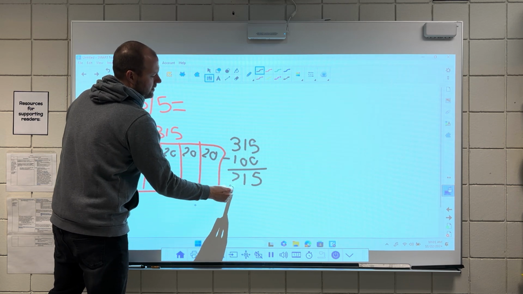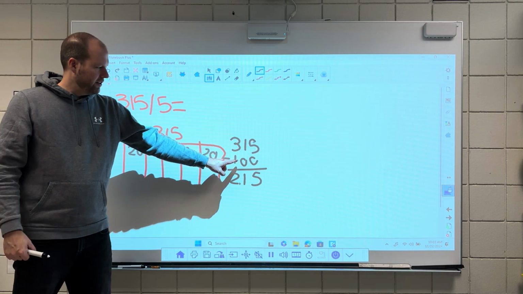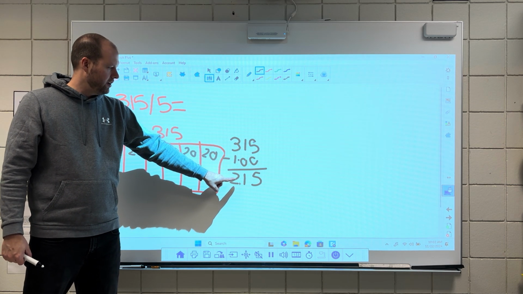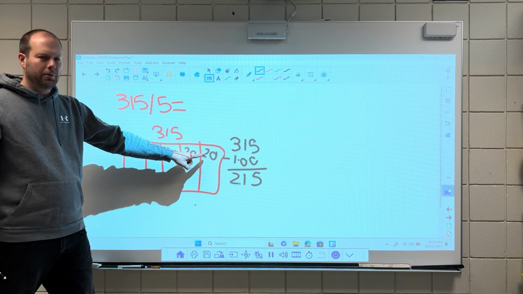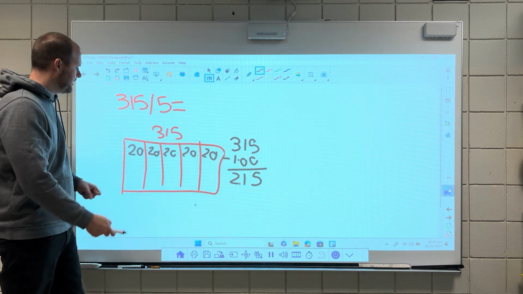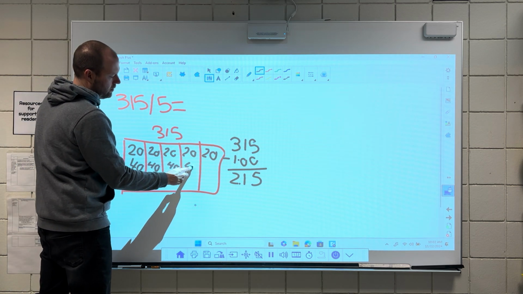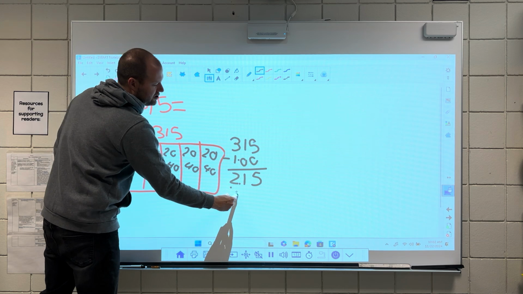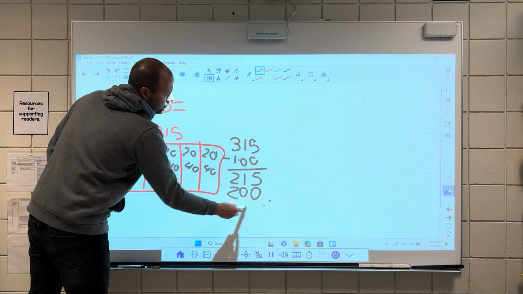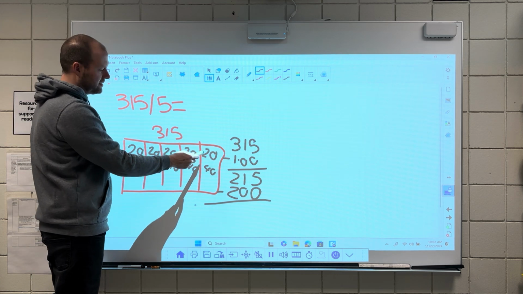Subtract. I took out 100 last time. I have 200 now, so maybe I should double that. If giving everybody 20 would give me 100, giving everybody 40 would give me 200. 40, 80, 120, 160, 200.